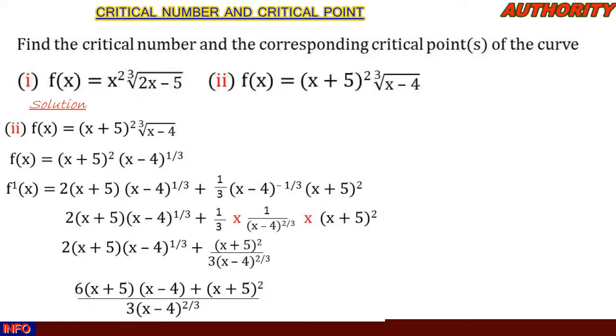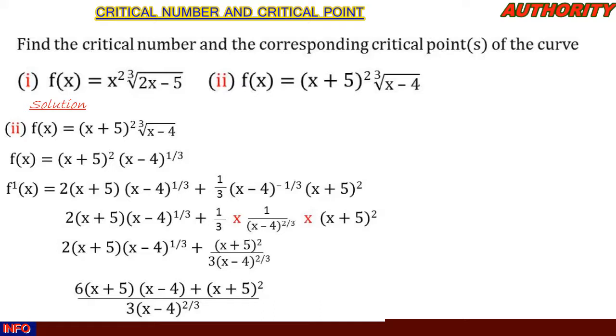Now take a look at our numerator. Take a good look at it very well. So here, what do we have in common? We have two sides being separated by the addition sign. When you look at it very closely, you discover that we have x plus 5 in both sides. What we have in common there is x plus 5.